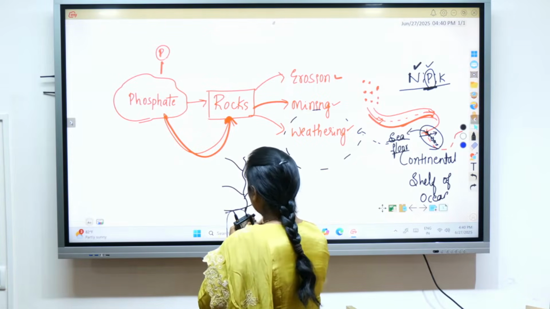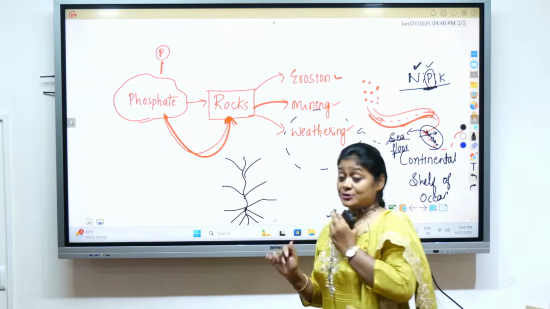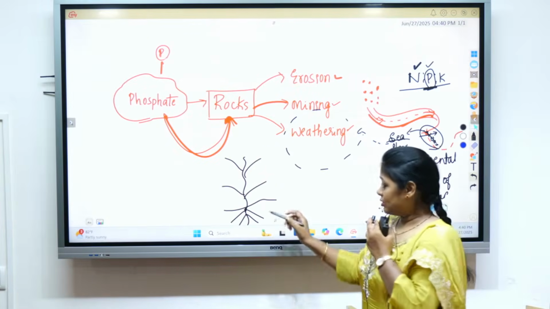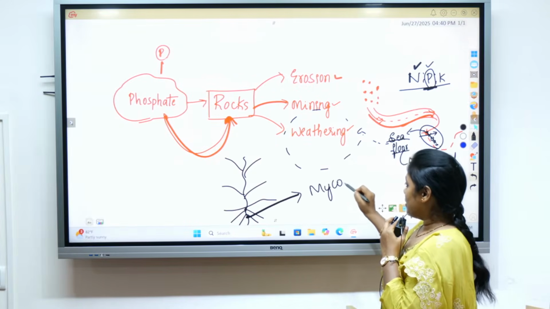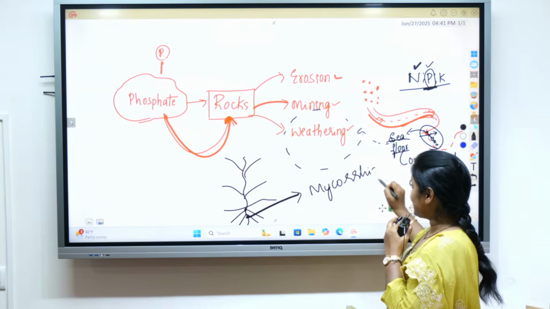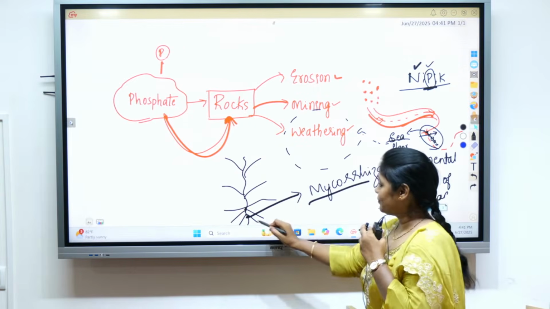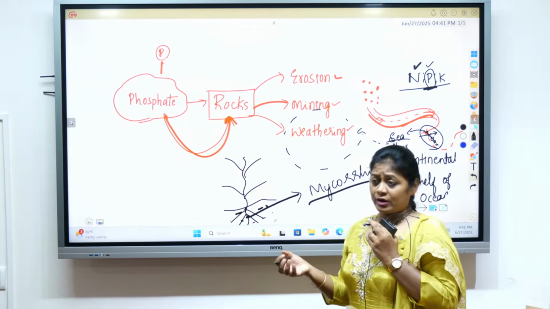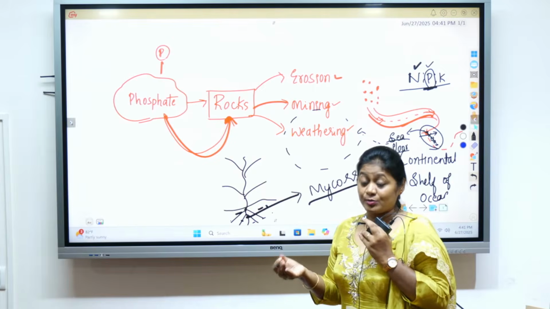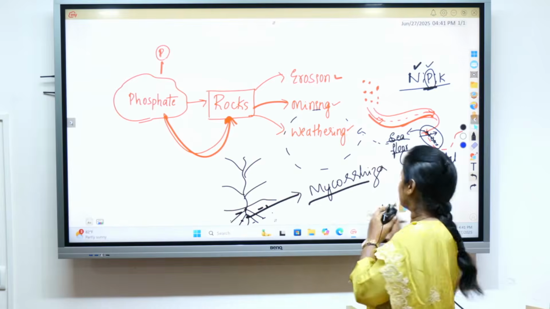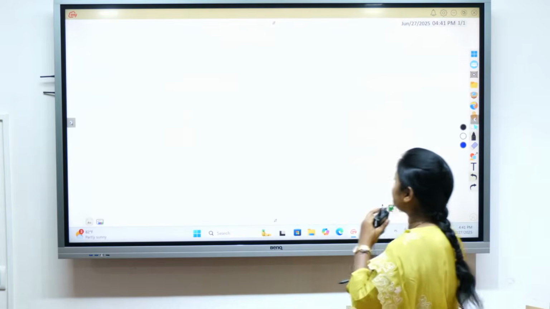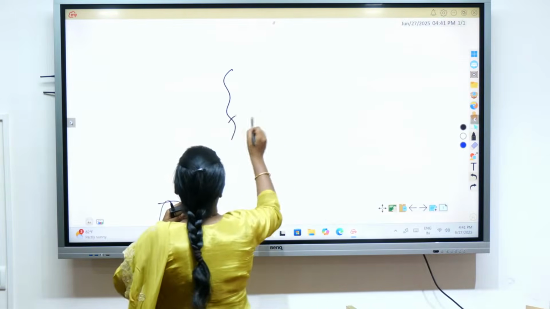The plants absorb this phosphorus, especially with the help of a fungus called mycorrhiza. Mycorrhiza, which is present inside the soil, is responsible for uptake or mobilization of phosphorus from the soil. Okay, so listen. Think it is a plant.